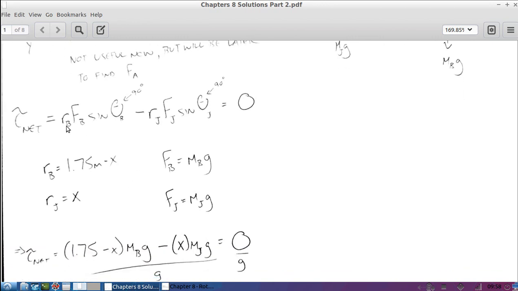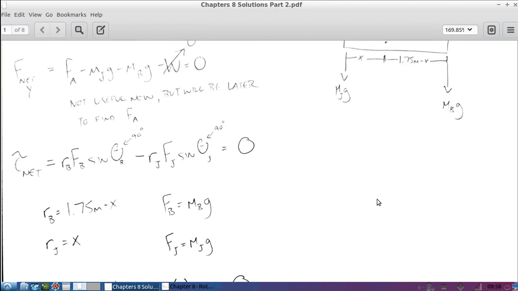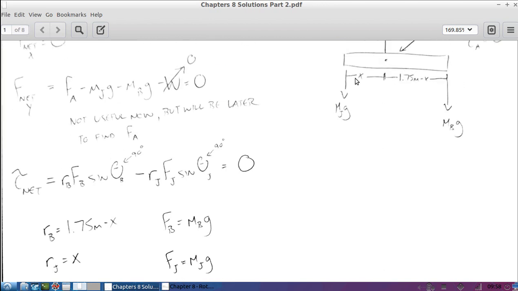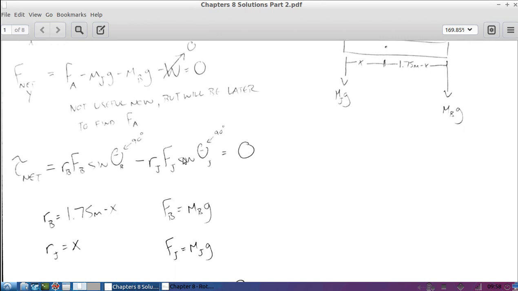Now the radius vectors, my expressions, are this: John's radius vector is x, Bob's radius vector is 1.75 meters minus x. That's why making an expression for Bob's radius vector is so important here. So we have to substitute these expressions in for r_B and r_J.